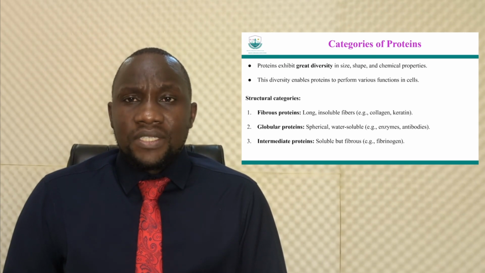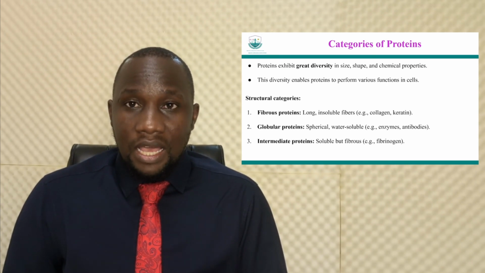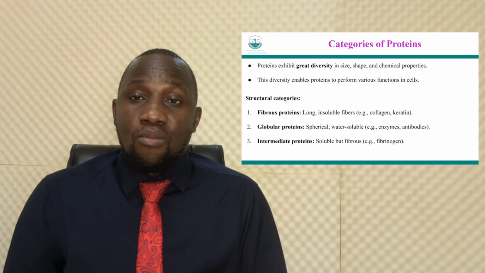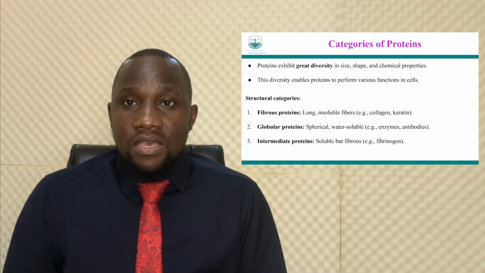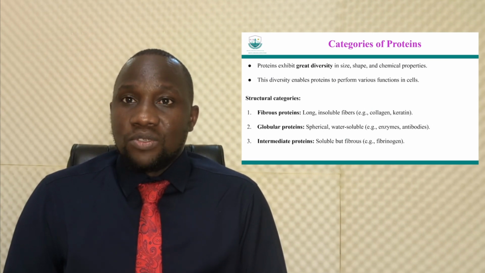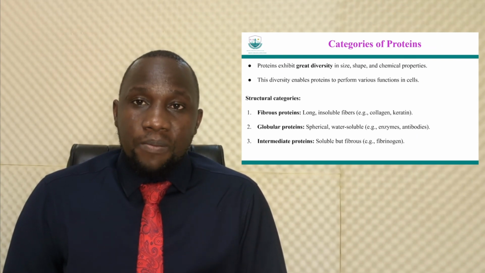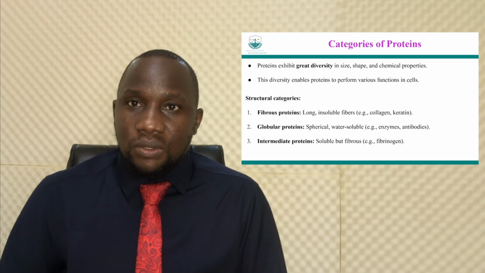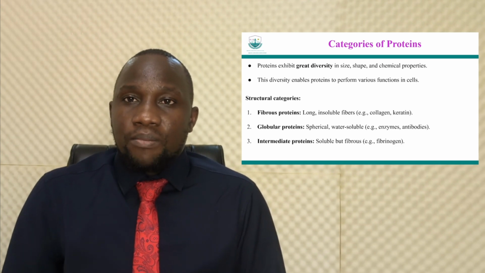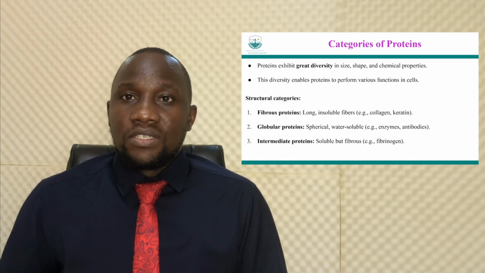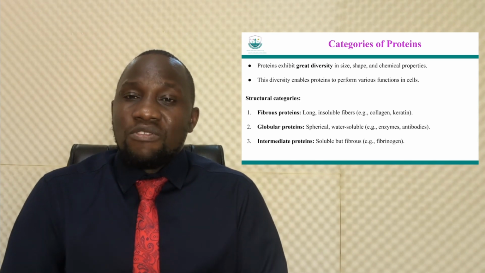Okay, so as a result of the extent of bonding that you can have, you will have different types of proteins, because proteins play different roles. You need some proteins that can easily be dissolved. You have some proteins that need to be very tough.